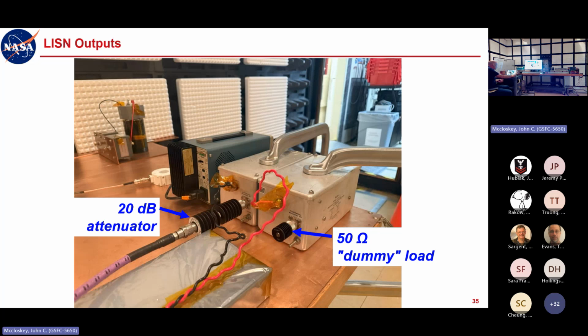So we're first going to do some CE102 measurements, and I know I've been saying don't use the LISNs, use the capacitor network, but I took these measurements to show you why. I don't like anybody doing something just because McCloskey said so. I mean, maybe, but by and large, no, seriously.